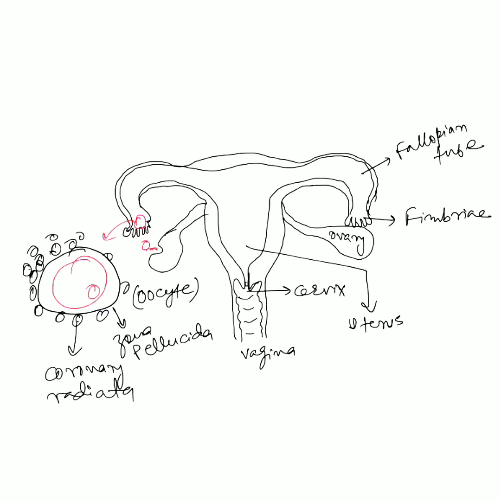If this oocyte is not fertilized by a sperm, periods occur. But if there are a lot of sperm swimming in the uterine tube and the oocyte and sperm meet, this process is known as fertilization. Here the zona pellucida is also present, and the corona radiata is also present here.